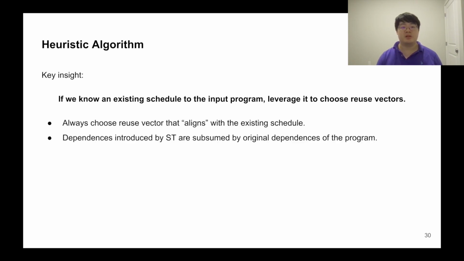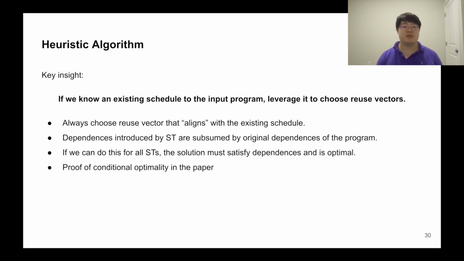More specifically, the heuristic attempts to choose the reuse vector that aligns with the existing schedule, and dependencies induced by STs are therefore subsumed by the original dependencies of the input program. It turns out that if we can do this for all the ST application opportunities, we end up with the optimal program with the minimal complexity.